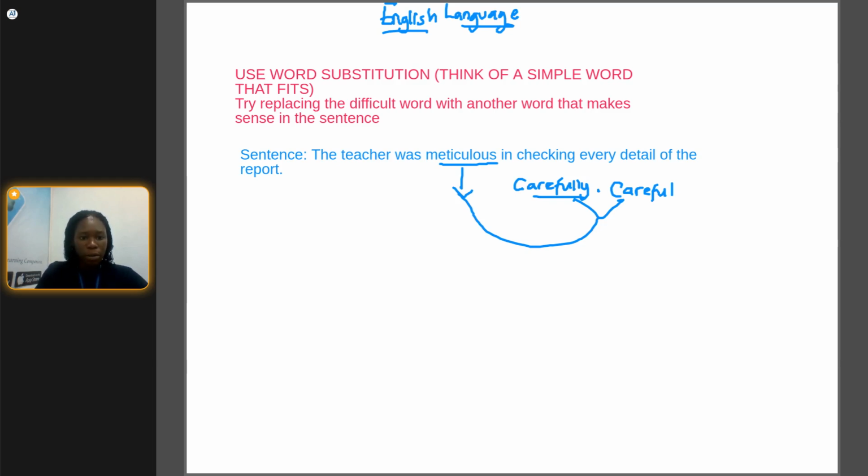Number four says to look for familiar words inside the word. Look for familiar words inside the word. You would agree with me that there are some big English words that you come across, even though you do not know the meaning of that big word, you will see a familiar word inside that big word.